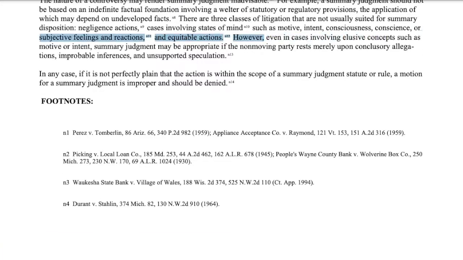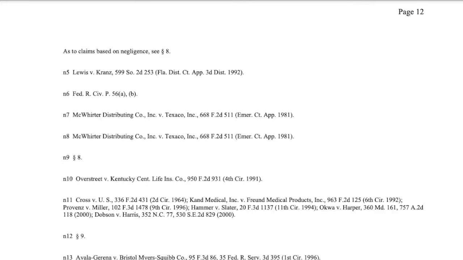However, even in cases involving elusive concepts, such as motive or intent, summary judgment may be appropriate if the non-moving party rests merely upon conclusory allegations, improbable inferences, and unsupported speculation. Wow.